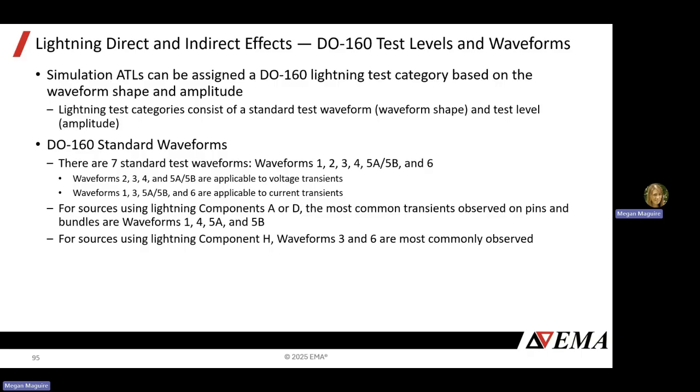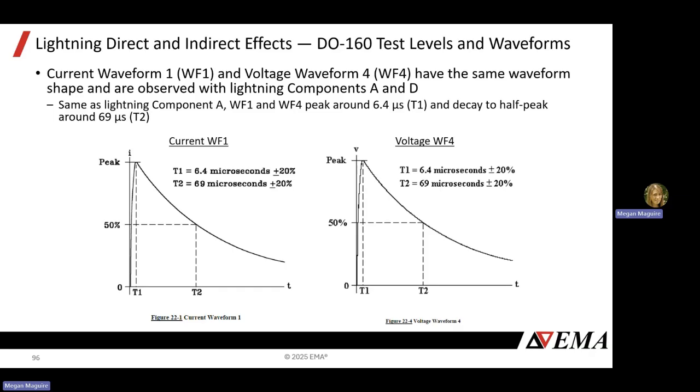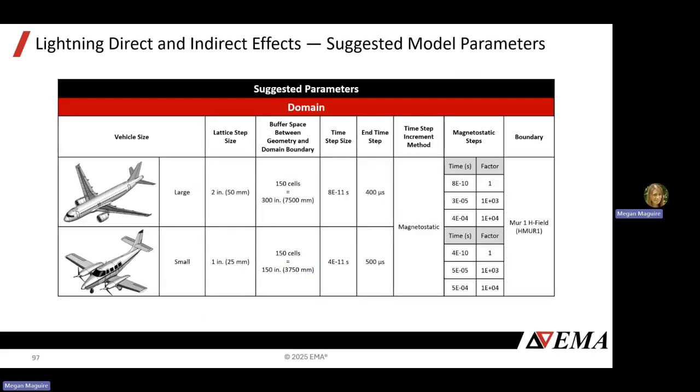For sources using lightning components A or D, the most common transients that you'll see are typically waveforms 1 and 4, so an earlier peak, or waveforms 5A, 5B, so a later peak, later decay. For sources using lightning component H, waveforms 3 and 6 are more commonly observed. This is just a repeat of what I showed before, just an example of these standard waveforms.